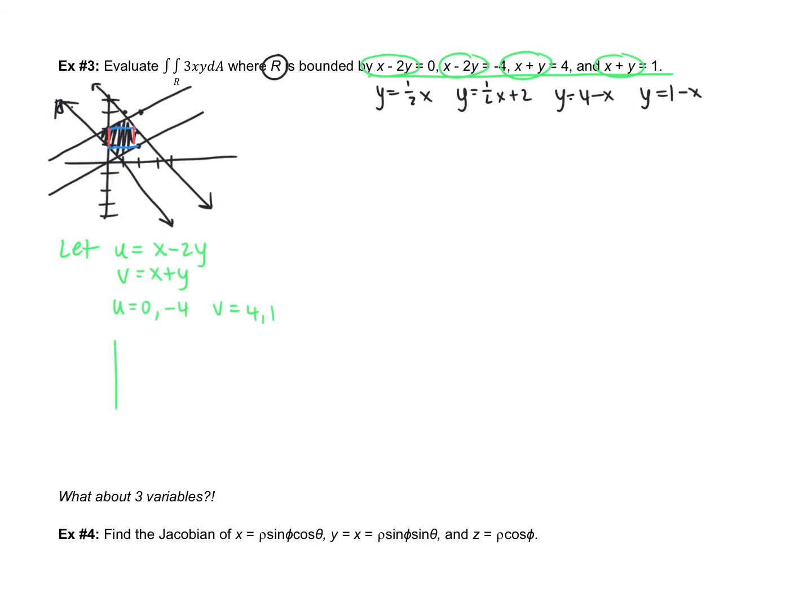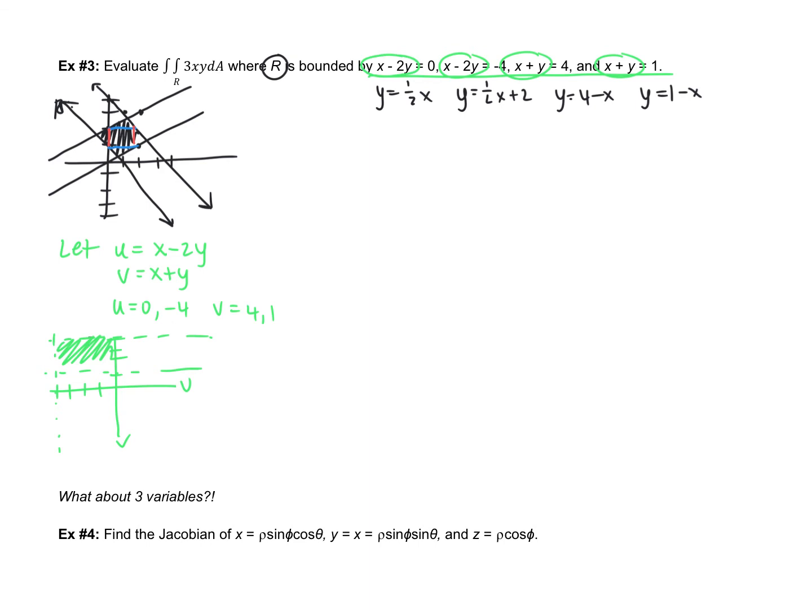So if we sketched this on the uv plane, u is going to go from 0 to -4, and v is going to go from 1 to 4, so this is now the region we're looking at. So that is a significantly nicer region to integrate over.